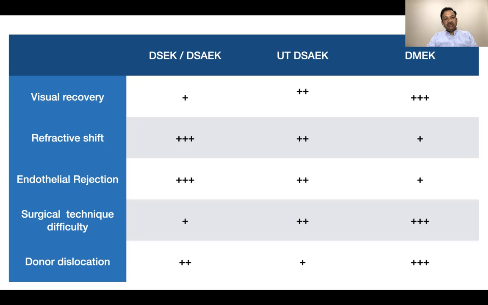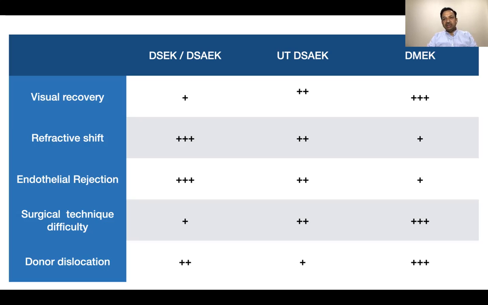In terms of the learning curve and surgical technique difficulty, DSEK is pretty easy to learn. And ultra-thin DSEK, because it follows the same principle as DSEK, is not too difficult if you already know DSEK. But learning DMEK is a totally different surgery. So if you're transitioning from DSEK to DMEK, you have to learn the whole surgery over again.